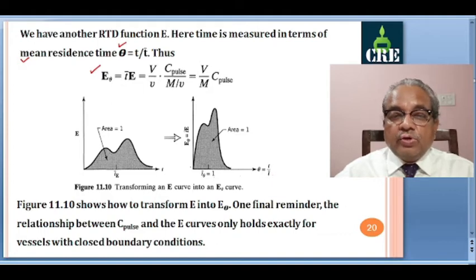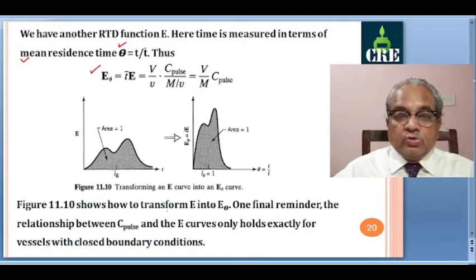At t equal to t bar, the E theta level will be 1. But mostly we'll be dealing with the E curve, not the E theta curve, but you should know it. When this dimensionless time is used, we use E theta, which is E into t bar. What is the unit of E? Time inverse, and this is time, so this is also dimensionless, and the area under the curve is again 1. So it's just a change of representation.